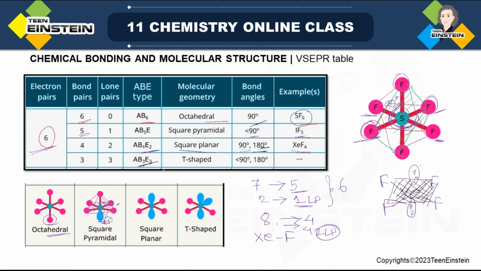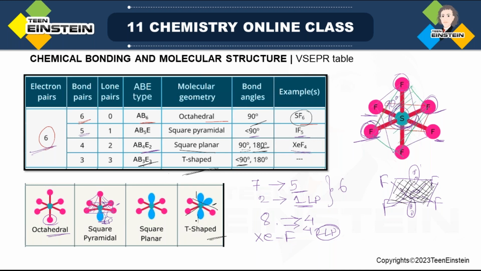And then we have AB3E3. This is also very rare, so you are not seeing an example here. But if it exists, the axial positions are already occupied by lone pairs, so you have to choose here. Without these 3 lone pairs, if you look at the remaining positions, it is like the letter T, isn't it?